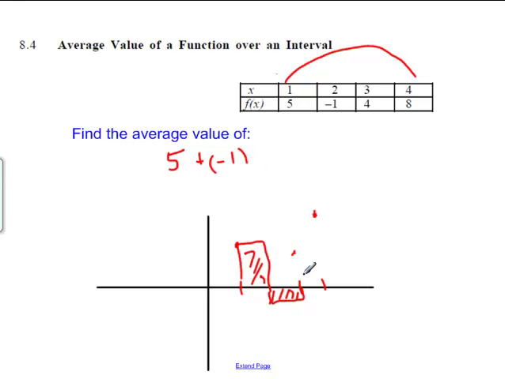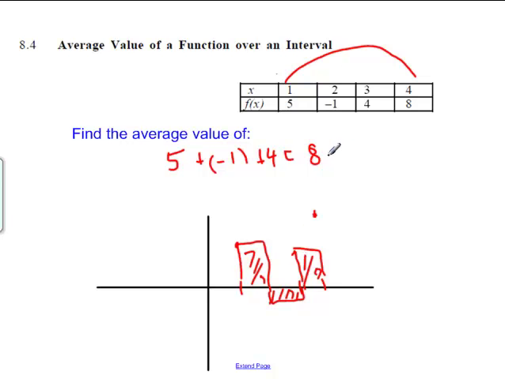And then between 3 and 4, we're going to assume that it's 4, which equals 8. So that's the total area. What we just found is the total area underneath the curve.